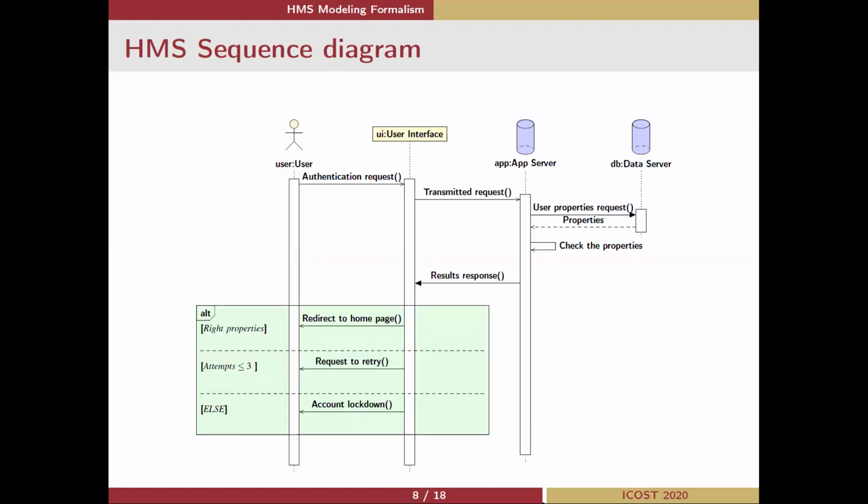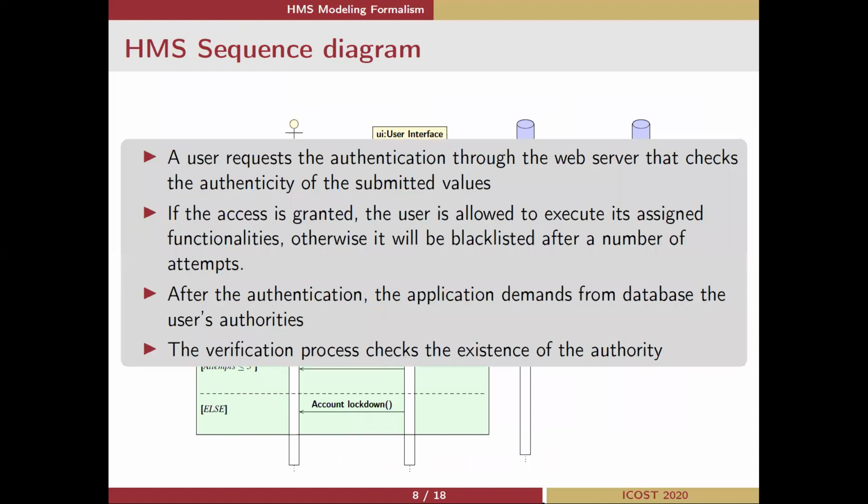Then the sequence diagram shows how the user interacts with the application through the authentication process that can be granted by the server and checked by a verification process relying on the database service.